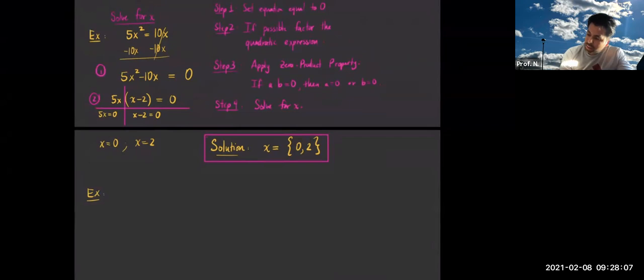Okay, what if I get something like this? Solve for all real values of x. So what if I get x multiplied by x minus 2 equals -1?